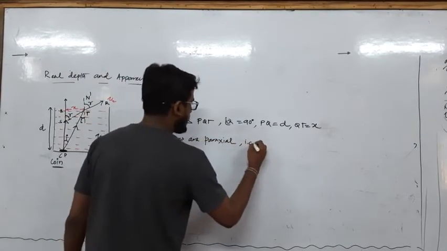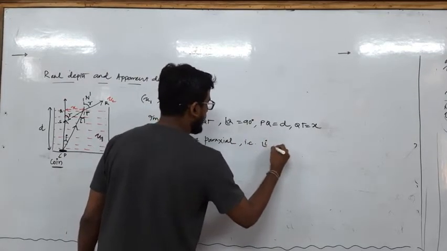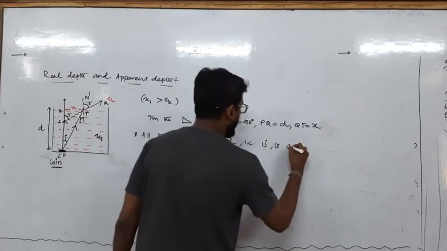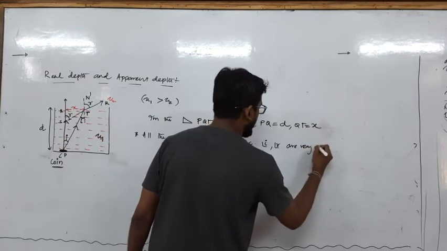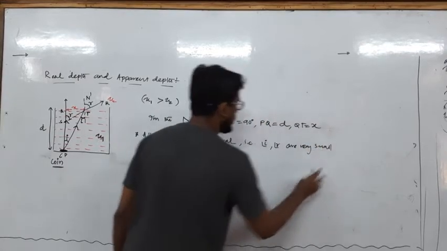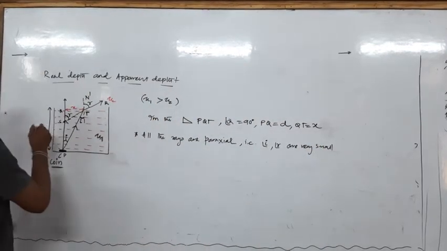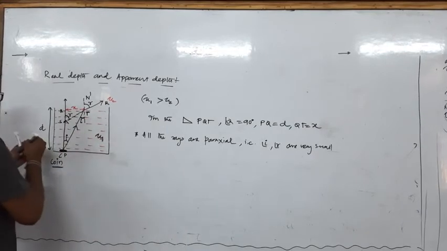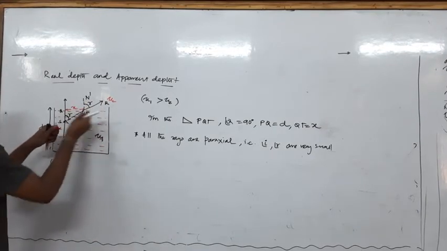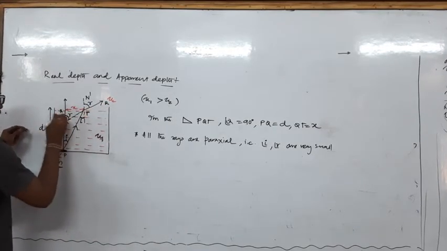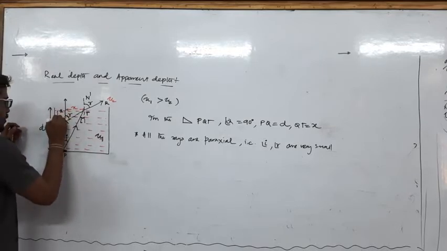That means angle I, angle R are very small. Clear? And this depth is D, and let the refracted ray TR meet at point S, and its distance from the interface, this distance will be D dash.